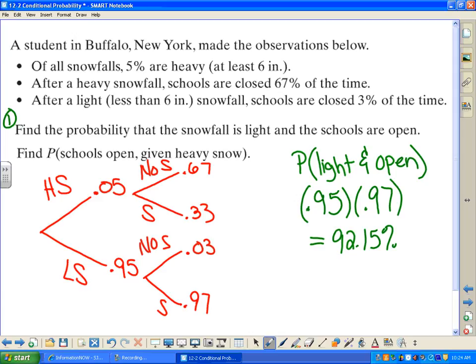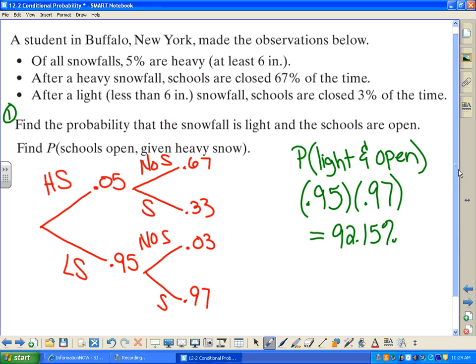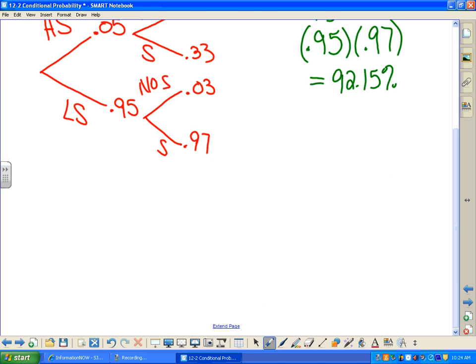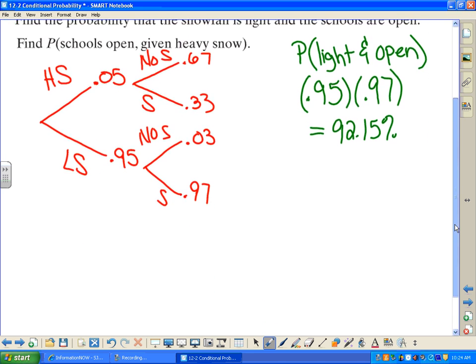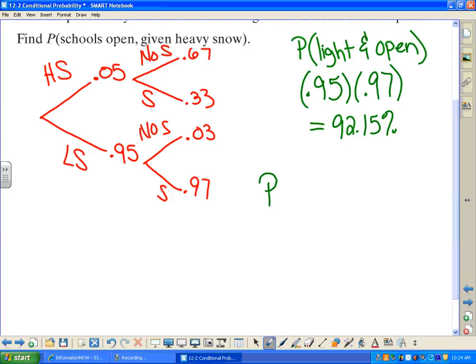Okay, let's see if we can find out the second one. It says we're supposed to find the probability that schools are open given that there is heavy snow. So I'm just going to write the probability that school is open given heavy snow. Now, again, on this one, it's not so easy just to narrow down the answer.